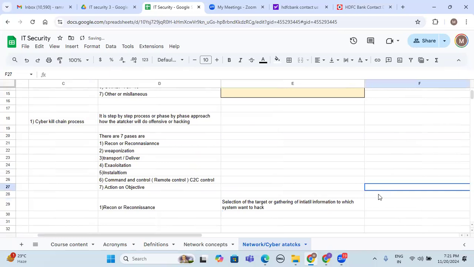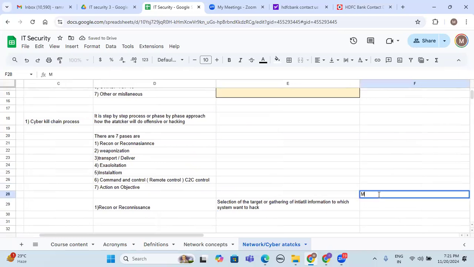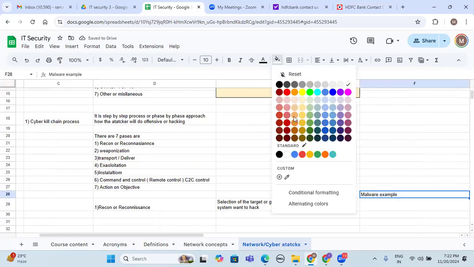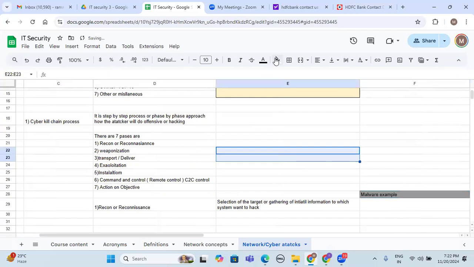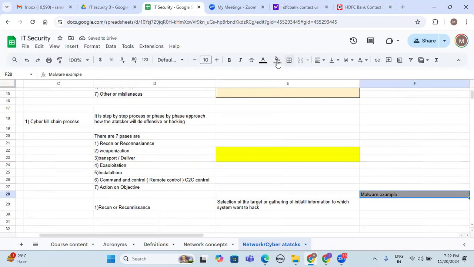I will take malware as an example. Selection of the target: the target is the CEO of the machine. That is selection of the target.